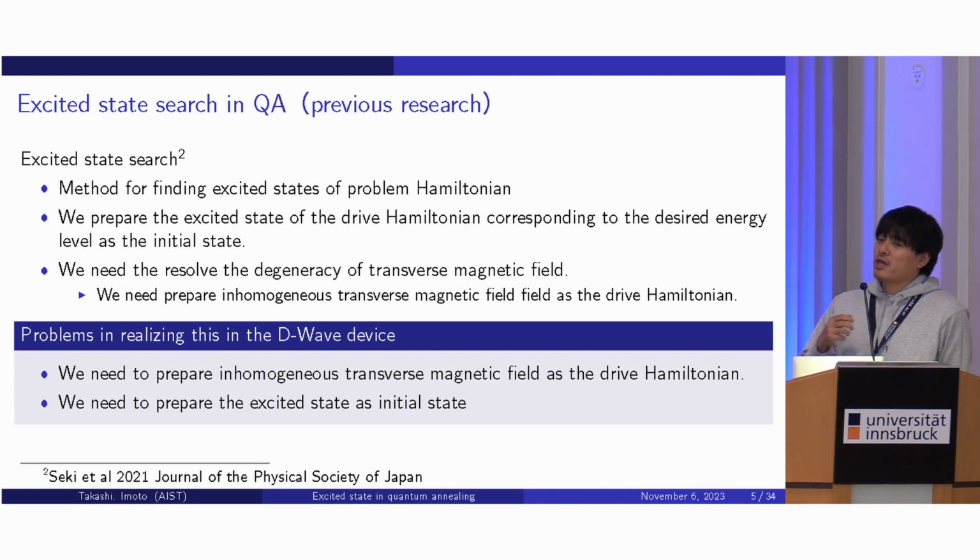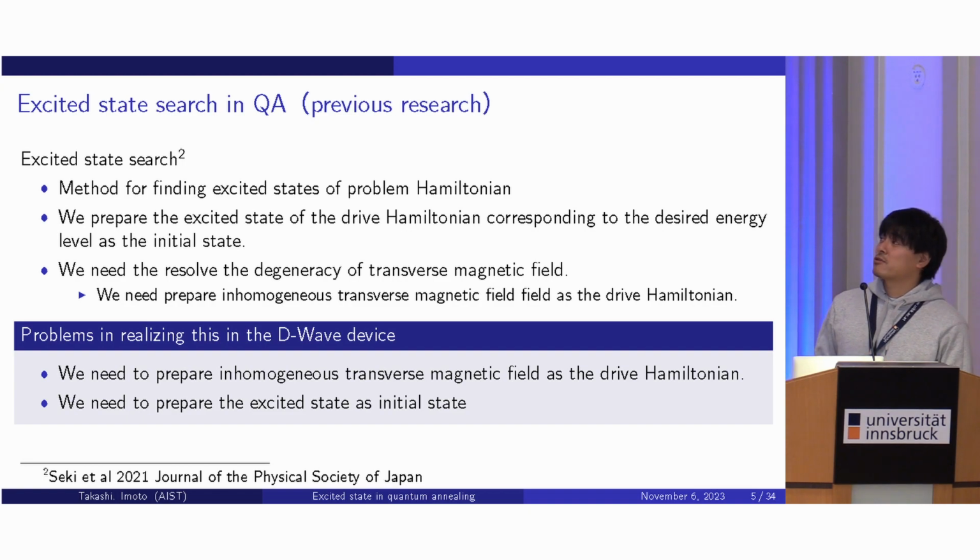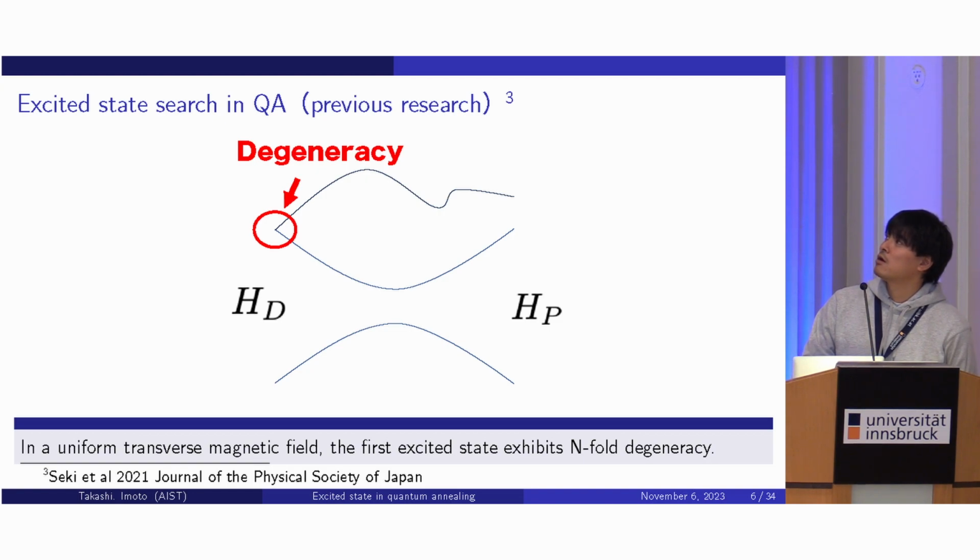If we implement this protocol, there are several problems on the D-Wave device. We need to prepare the inhomogeneous transverse magnetic field as the driver Hamiltonian, and we need to prepare the excited state as the initial state. This is difficult to implement on the current D-Wave device.